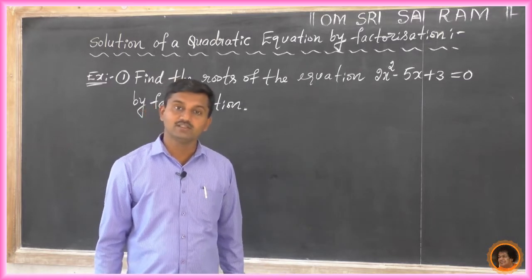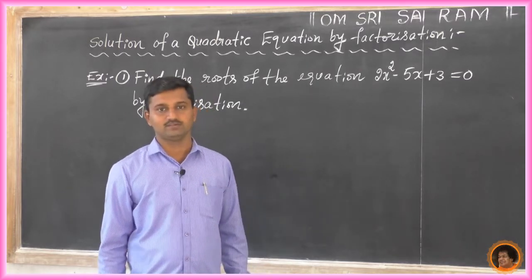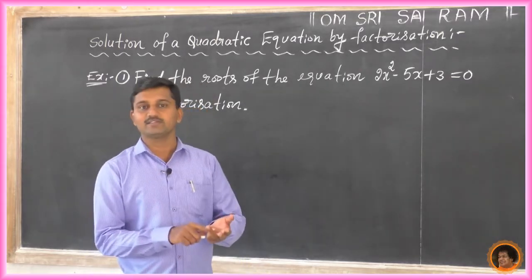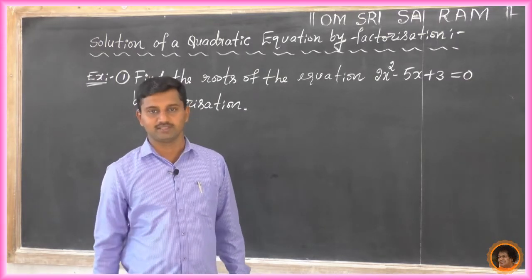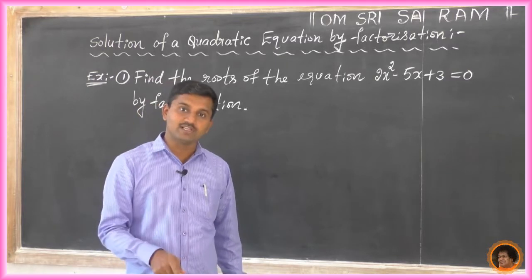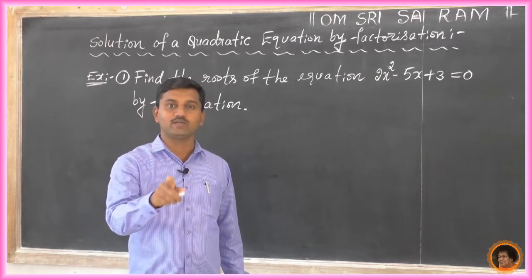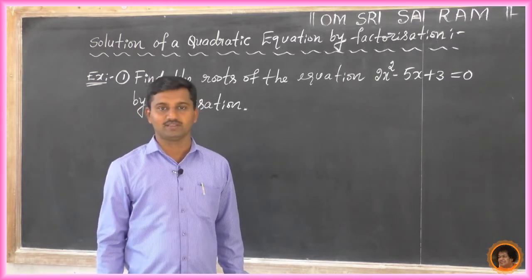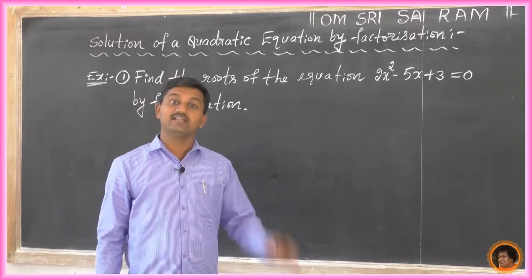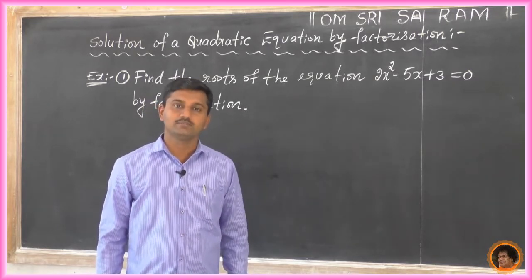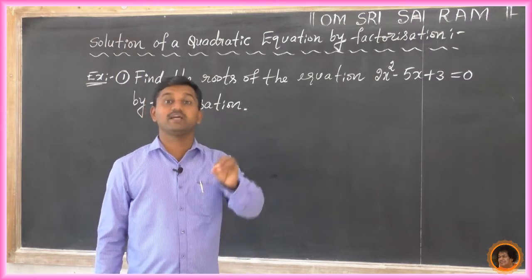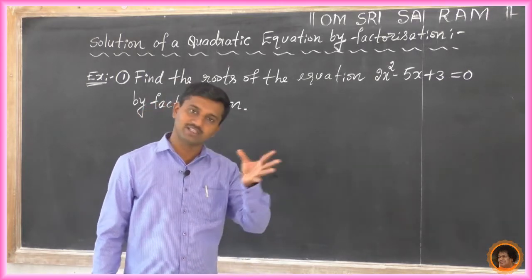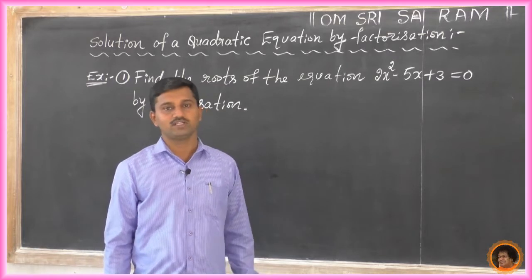The first method is factorization, the second is completing the square, the third is the formula method, and one more is the graphical method.